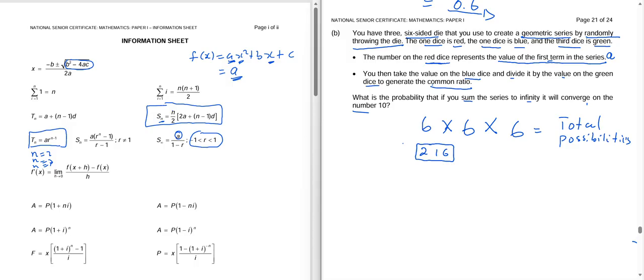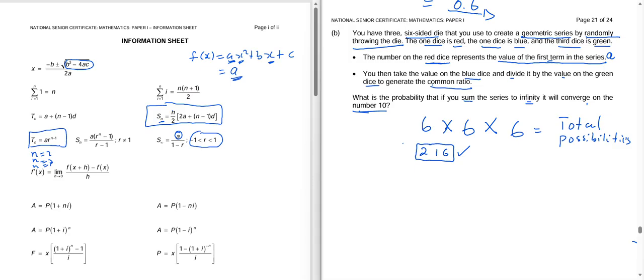But then out of all these 216 ways that we can generate geometric series, there are some that are going to create a series that will converge to a number 10, right? So we need to find how many of those combinations, like how many possibilities can we get. Then we'll put them on the numerator, and then we'll divide by all the total possibilities.